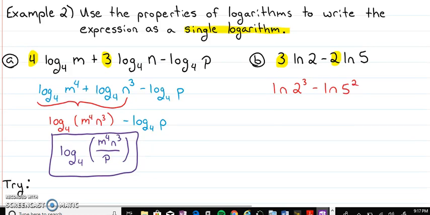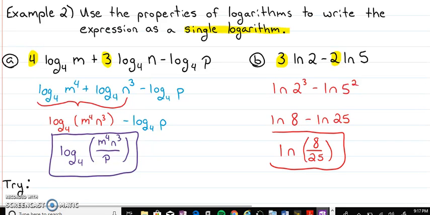Now, hopefully we know that 2 cubed is 8, and 5 squared is 25. And then I have that minus sign in there, which again means I'm going to use my quotient rule, and that will be the natural log of the first number on top, 8, divided by the second number on bottom, 25. So that's how I would write it as a single logarithm, or a single natural log.